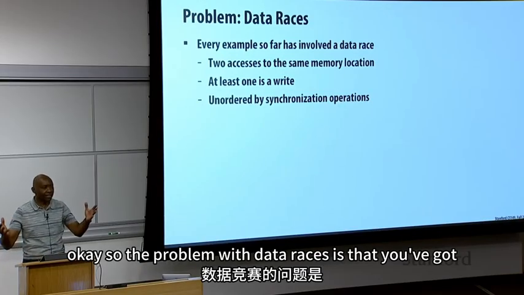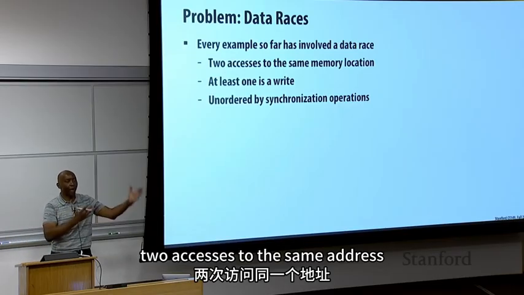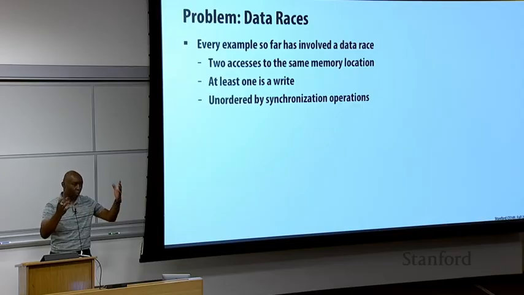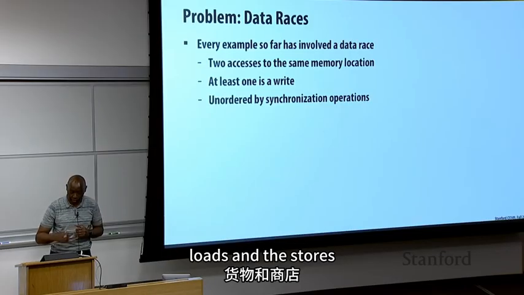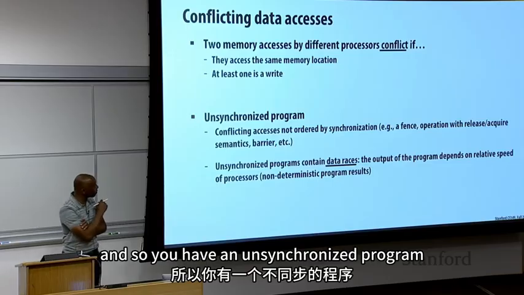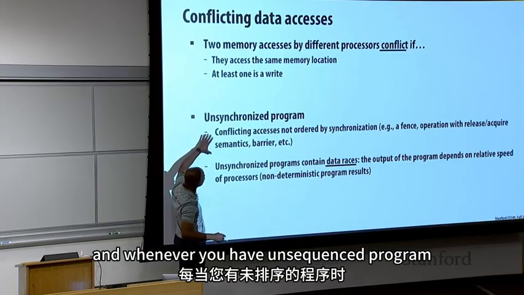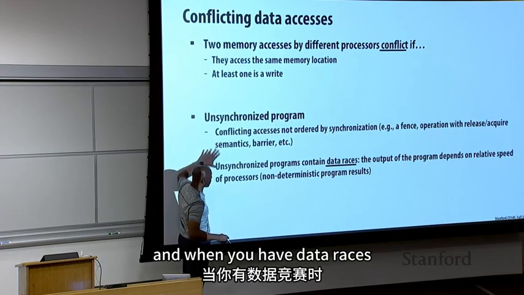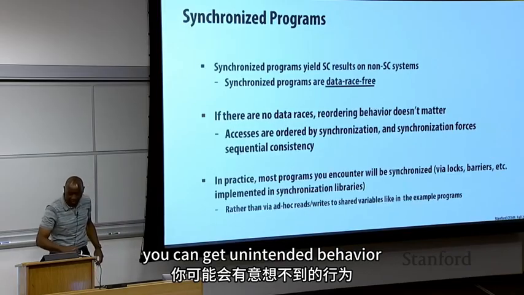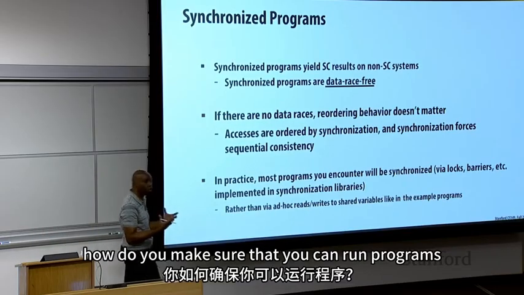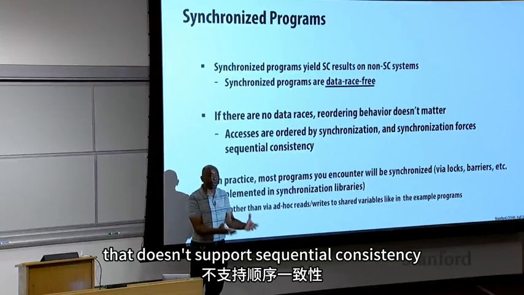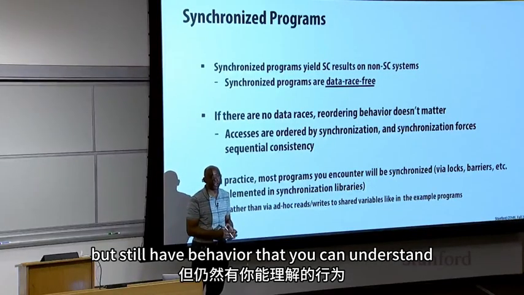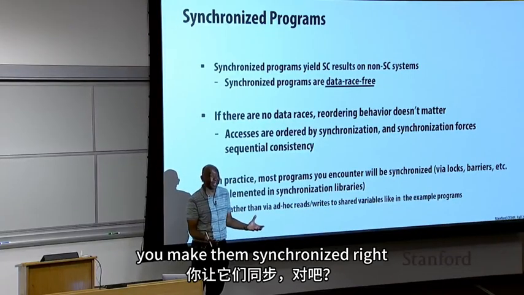Okay, so the problem with data races is that you've got two accesses to the same address, at least one of them is a store, and you don't have any synchronization between the loads and the stores, and so you have an unsynchronized program. And whenever you have an unsynchronized program, you can get data races, and when you have data races, you can get unintended behavior. So the question is, how do you run programs on a machine that doesn't support sequential consistency, but still have behavior that you can understand? You make them synchronized, right?